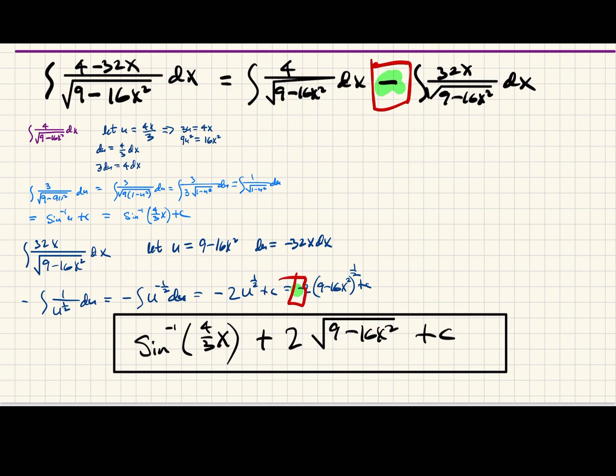No, that negative was introduced here. But then that negative came from the original integral up top. No, that came from the derivative of that. Oh, I see. Thank you. It might would have been better if I would have called that plus negative 32x. Then there would have been fewer negatives to deal with.